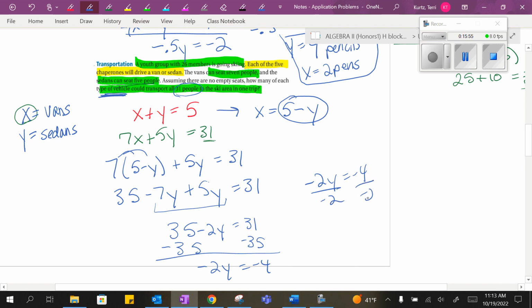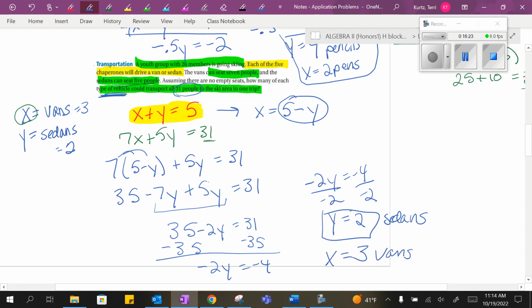Divide by negative 2, and I get y equals positive 2. So we know we need 2 sedans. And now we can really kind of mentally do the math: if we're having 5 vehicles total and we have 2 sedans, then that means we need 3 vans.